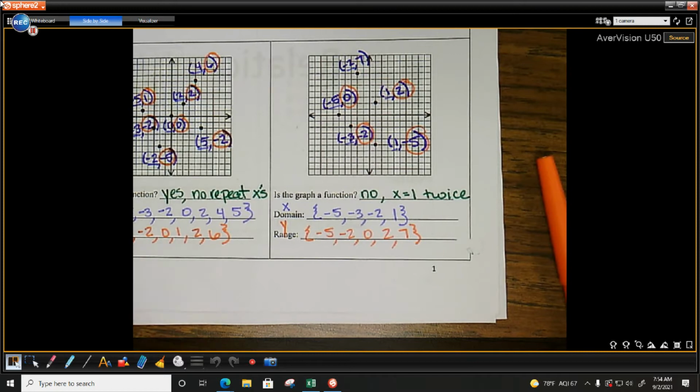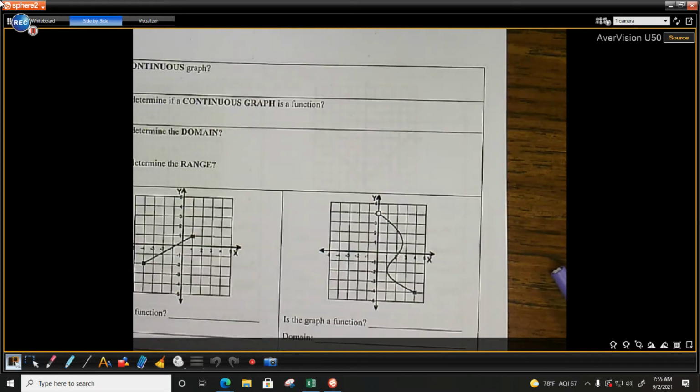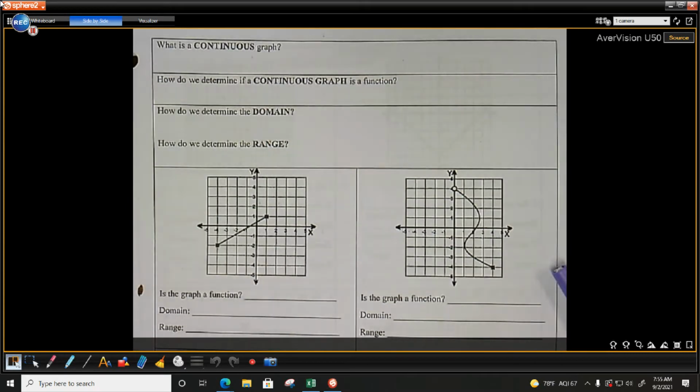Okay, now we are going to go to a different type of graph. Different type of function. What is a continuous graph? If a discrete graph is dots, what do you think we're going to do with those dots to then get a continuous function? Connect them. Think continue, connect.